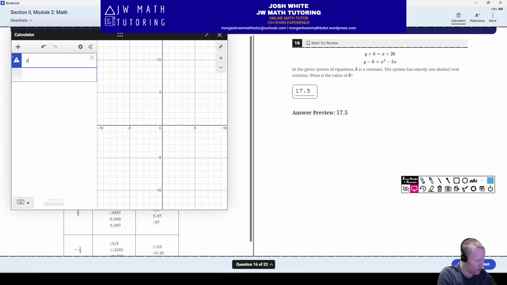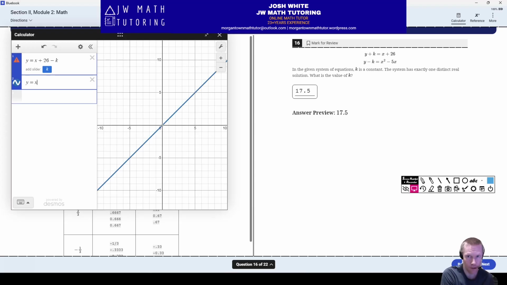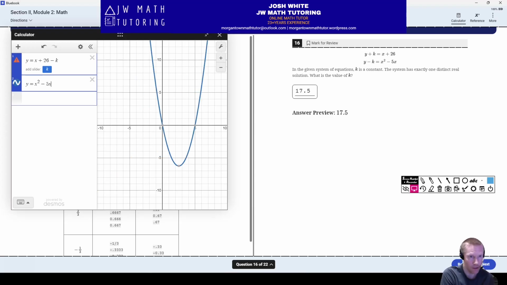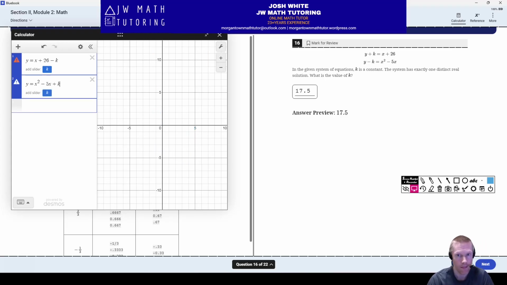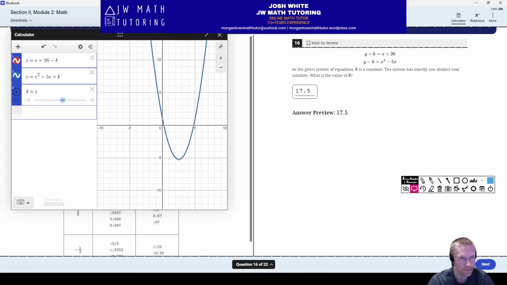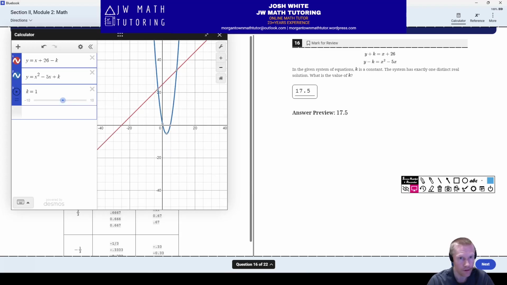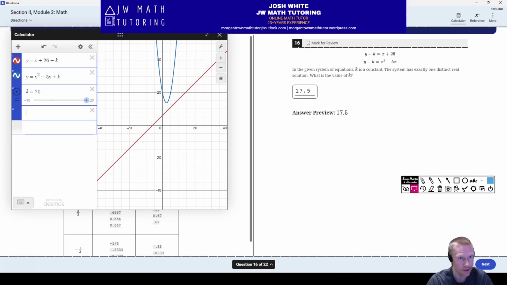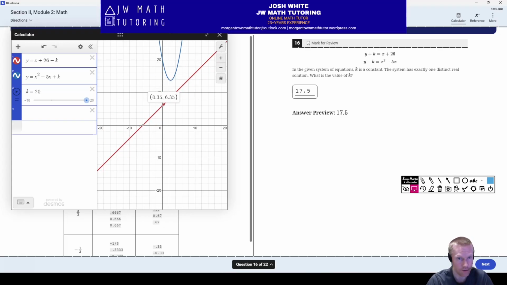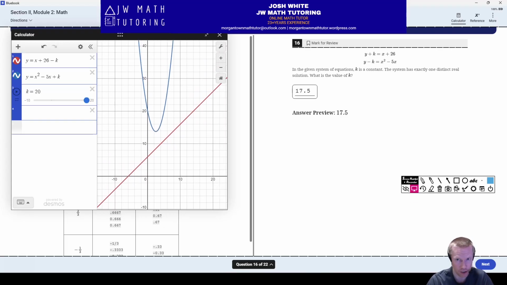Okay, what I would probably do is I would, again, get y equals for both of these equations. And then essentially you're going to move the slider. So notice here you're looking for one intersection.